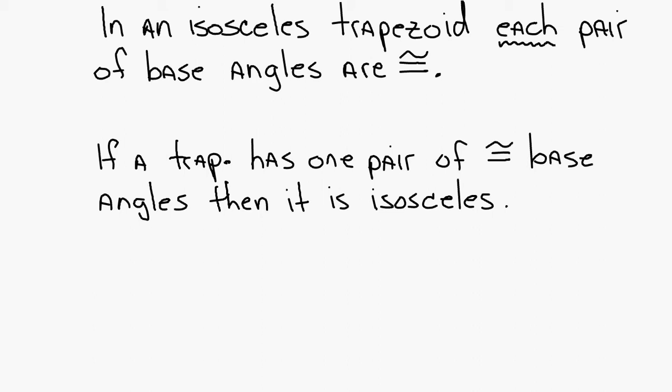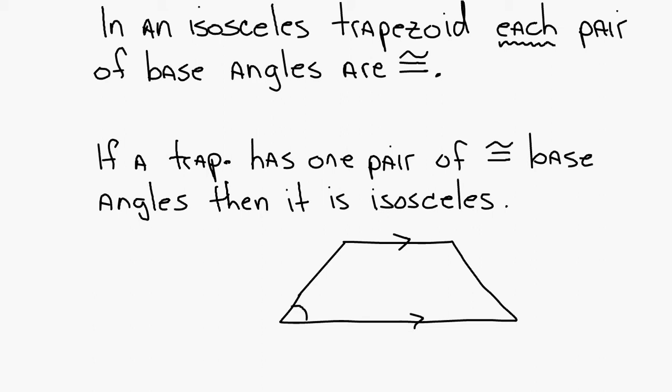So what they're saying is, you don't need to draw anything, but look, if a trapezoid has one pair of congruent base angles, so if you've got a trapezoid, and these are your parallel sides, if this angle is congruent to this angle, then these angles will also be congruent.